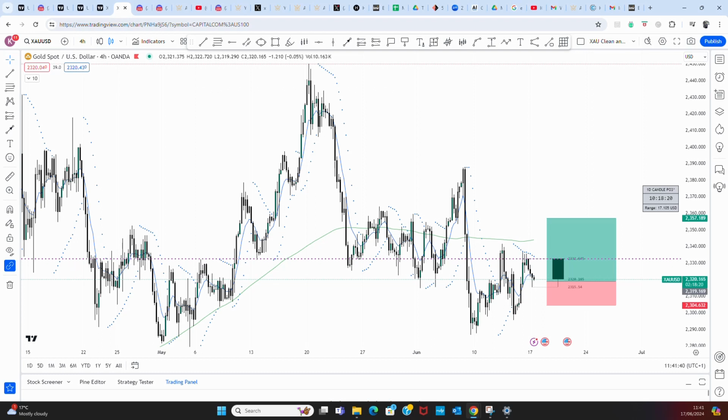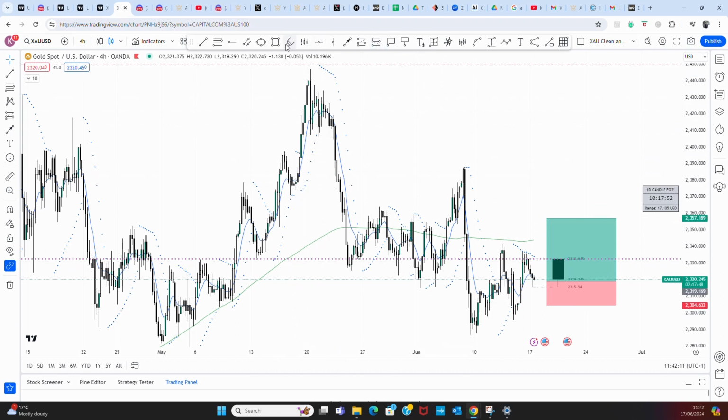So mitigation we have. This is a mitigation block here.